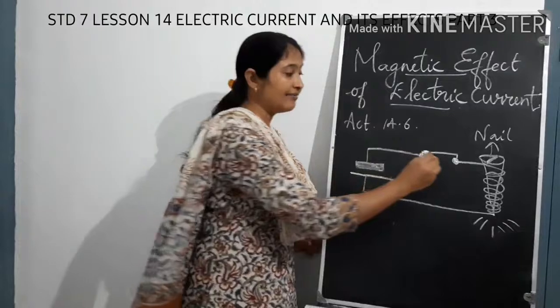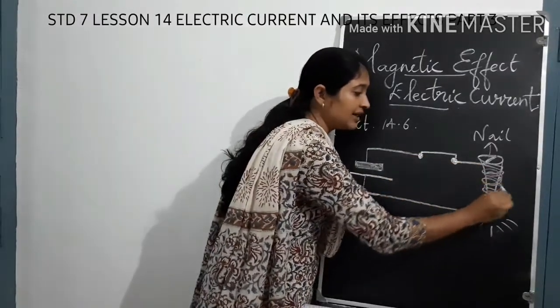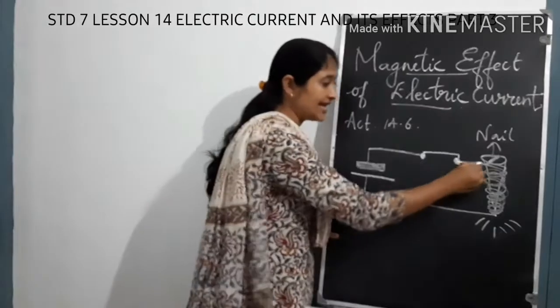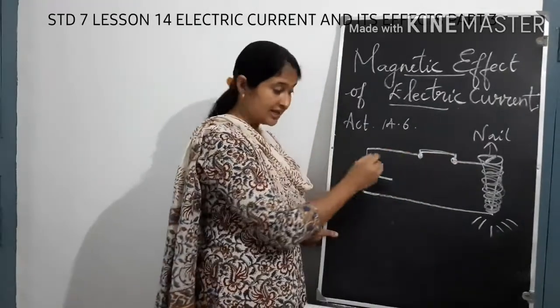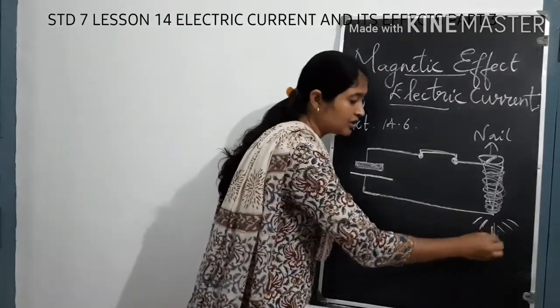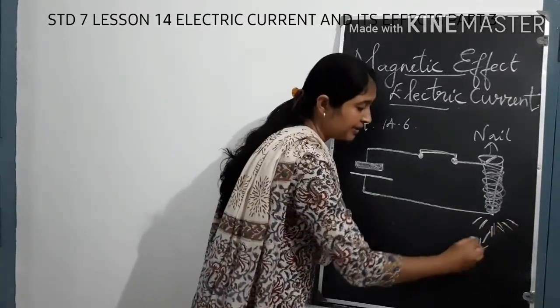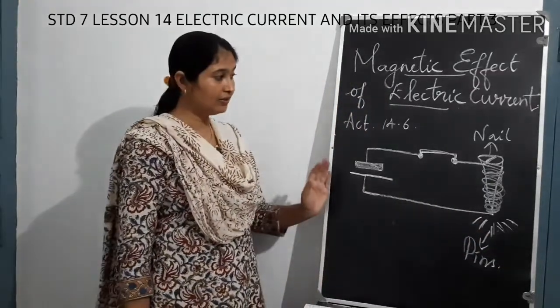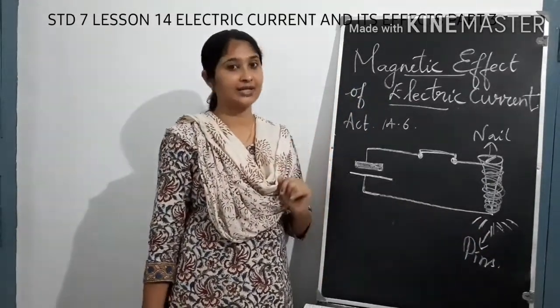That is, you have to coil it with the electric wire like this. Then this has to be connected to a switch, then to a cell. Then you have to put a few pieces of pins over here. Okay. Now we will see what happens.